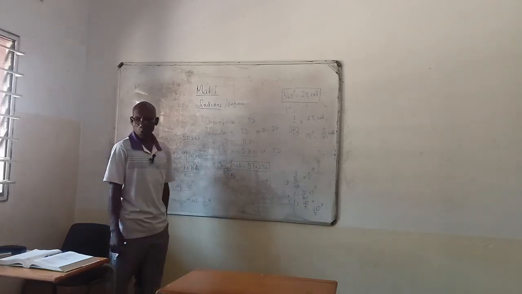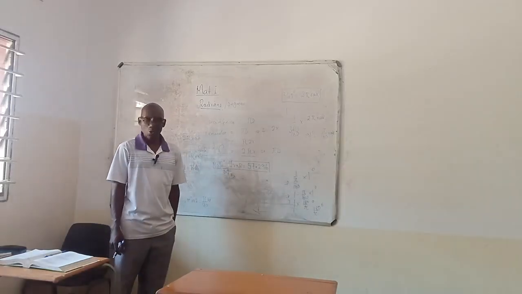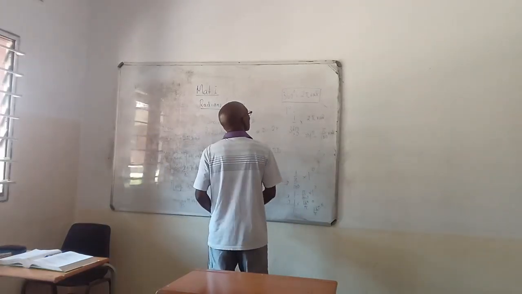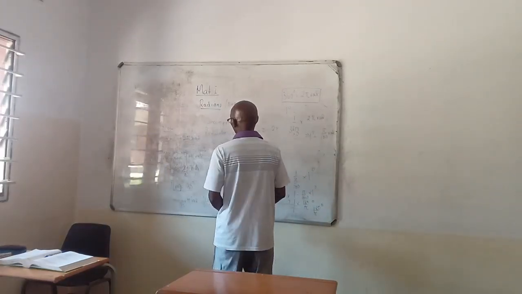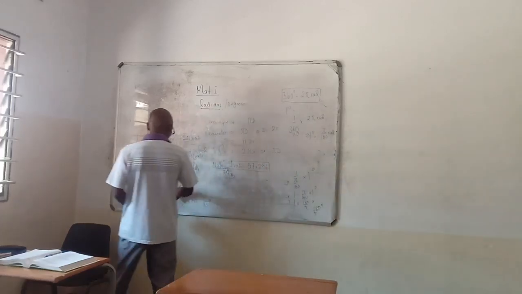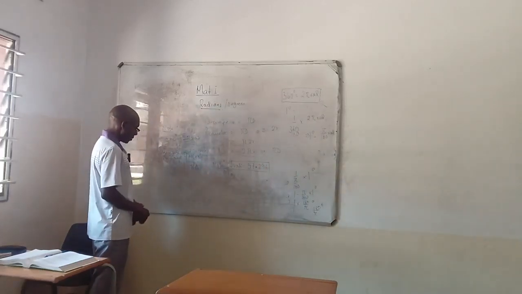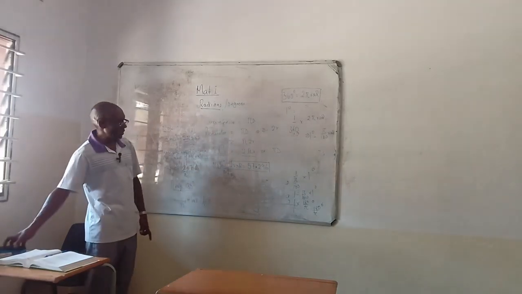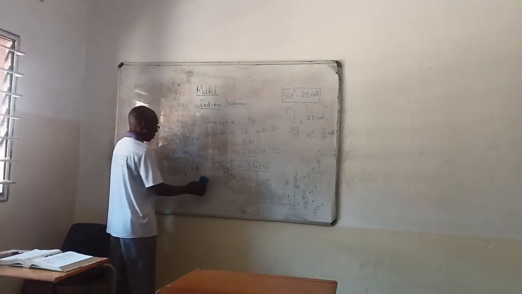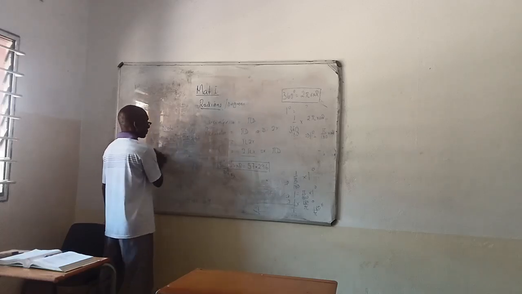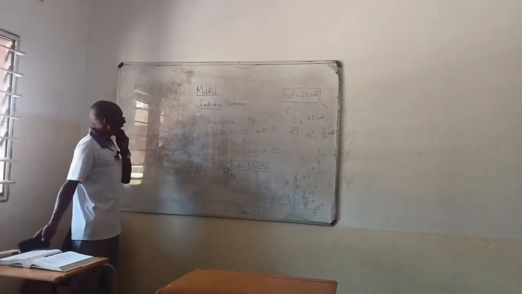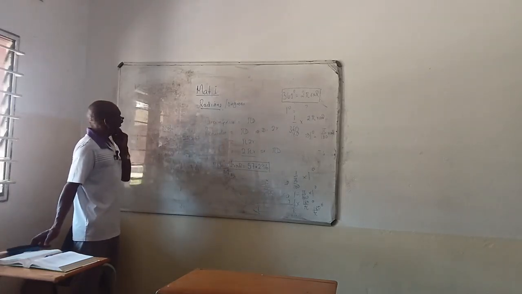Let's calculate and find out whether what we are saying is true. We said that 1 rad is equal to 360 divided by 2 pi.